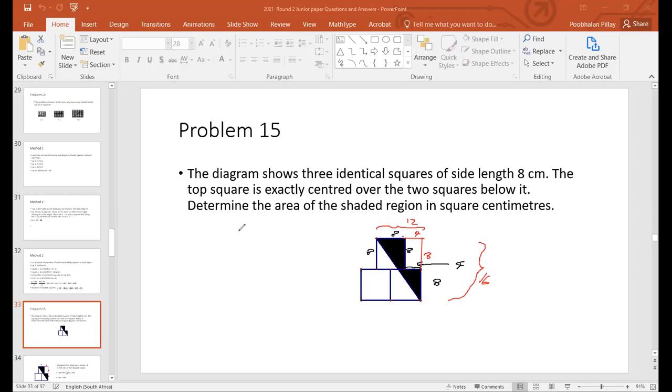So the area of the triangle is a half times 12 times 16. That's the area of the triangle. And you're removing from that the area of this rectangle, which is 8 times 4, which is 32.